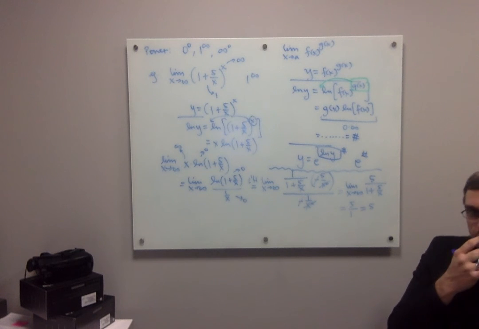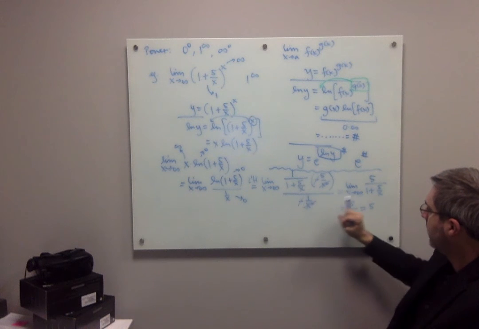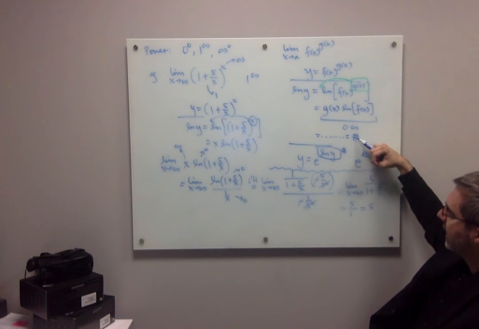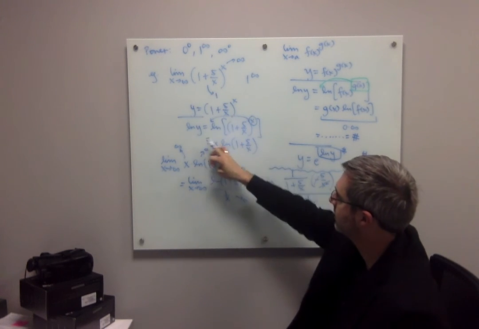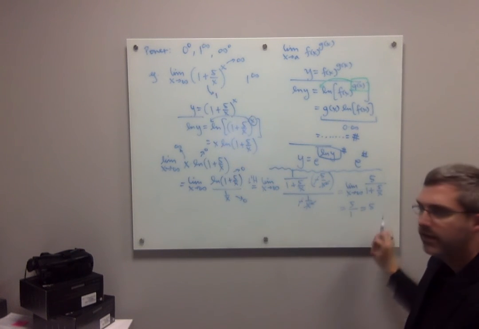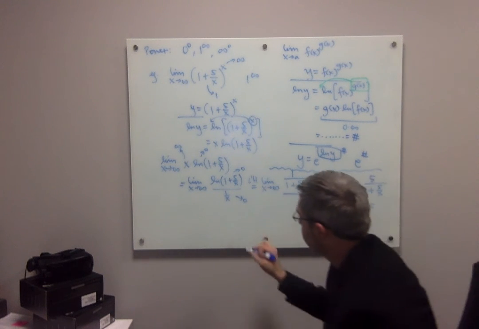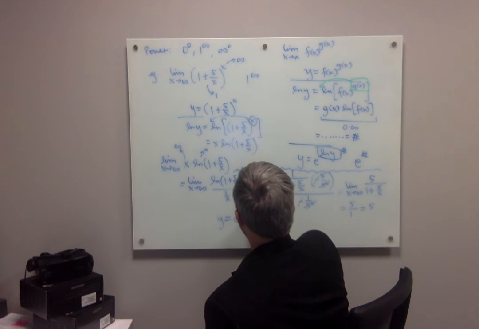The danger with these problems is that you've done all this work, you've worked really hard, and you end up getting to an answer. Many times people forget that you have to then turn around. You didn't solve the original problem, you changed the original problem and solved that. So you have to be sure to go back at the end and remember that the original problem was e to this thing.